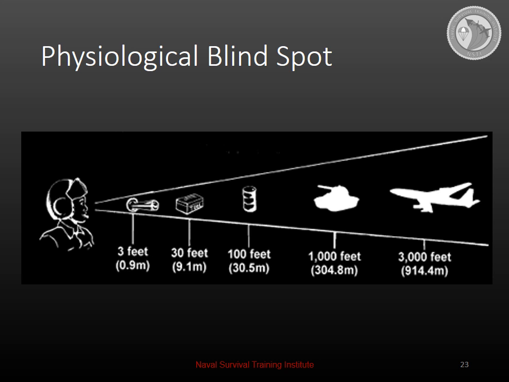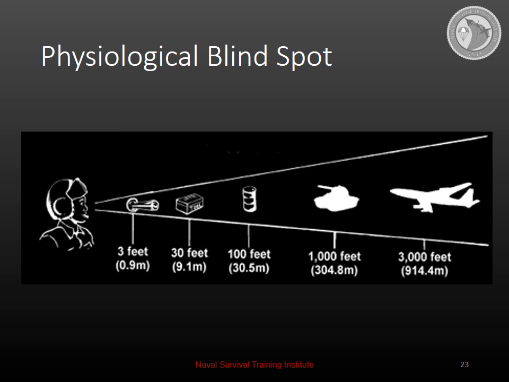If you're having an electrical emergency and they're in the aircraft, you look up above you and say, that circuit breaker that I need to pull, I know it's on this panel above my head somewhere, but I can't find it. Well, it turns out you're looking right at it. So you need to move your eyes around and scan, and you may be able to find it. A toolbox at 30 feet, an oil drum or something 100 feet in front of you on the taxiway, a tank, even a large aircraft can fall into that physiological blind spot.